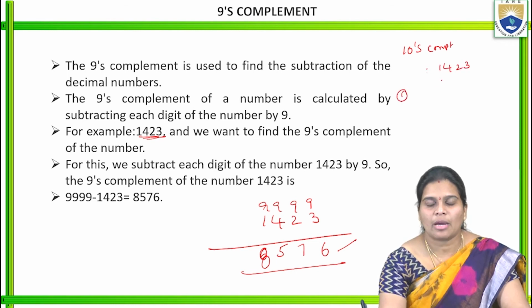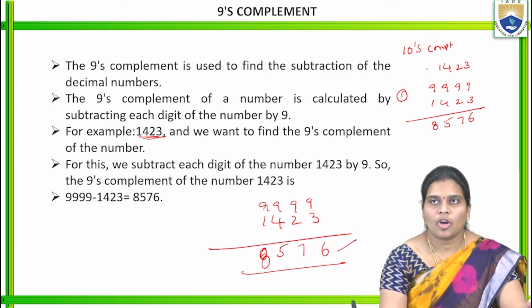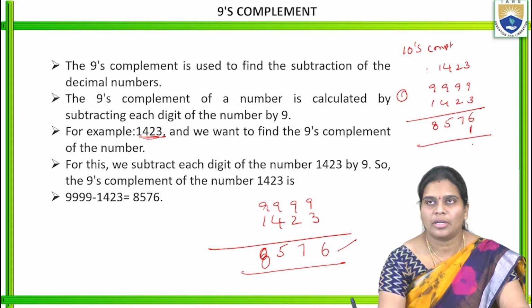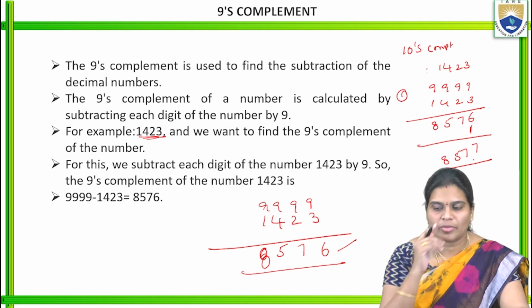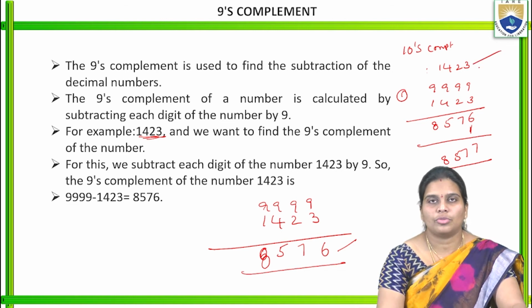Apply the 9's complement of this one, that means subtracting each and every digit from 9. 9999 minus 1423: 9 minus 3 is 6, 9 minus 2 is 7, and so 8758. Now for the 10's complement, adding the 1 in the LSB bit gives 7 7 5 8. So this is the 10's complement of 1423.